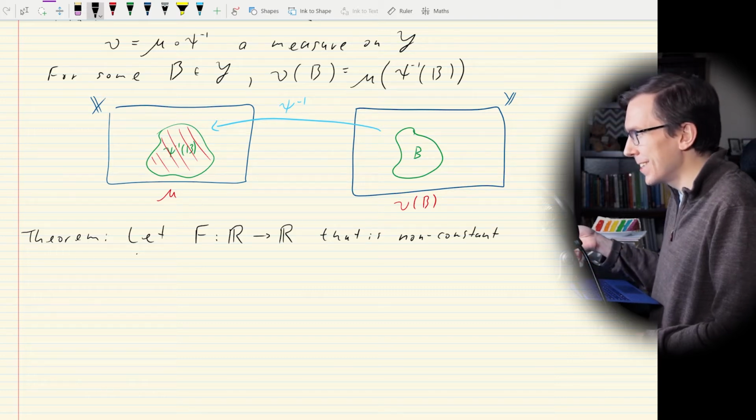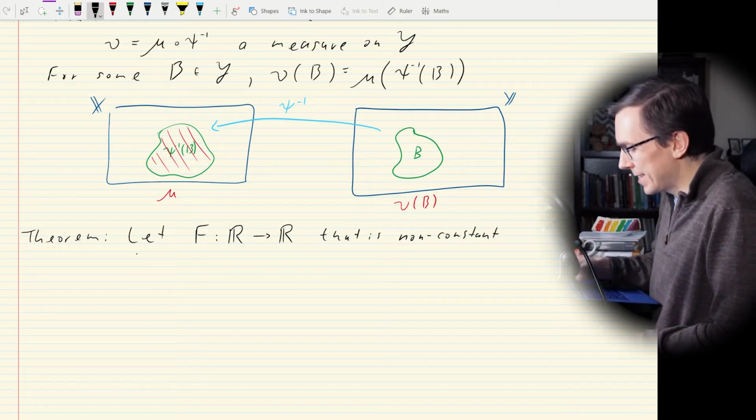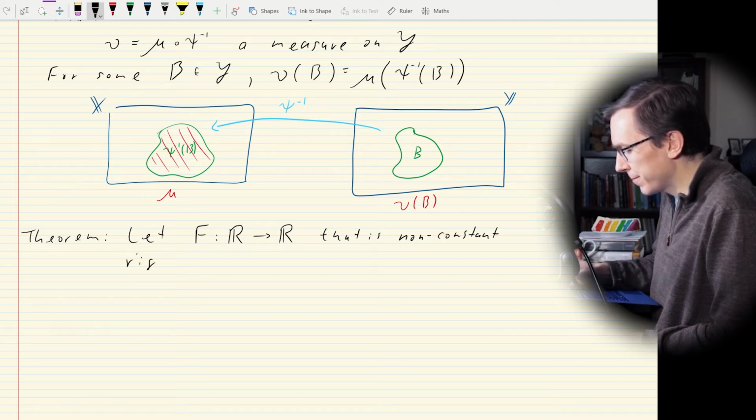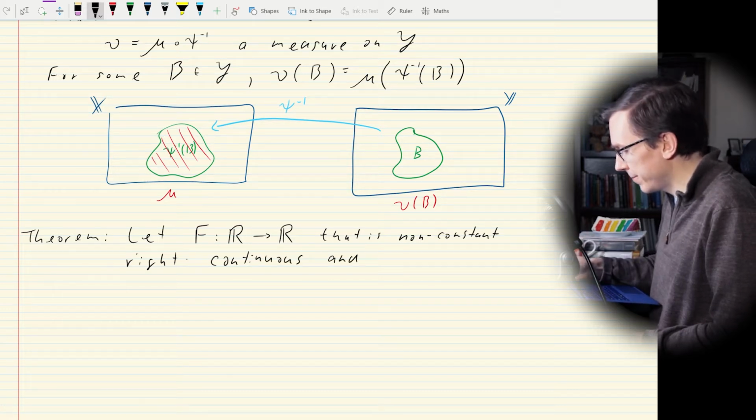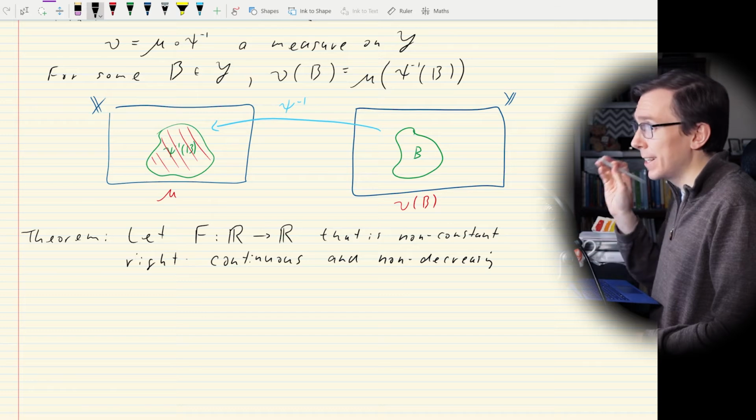Okay, so it's not just 0, because that would be super boring. It's right continuous. And non-decreasing. All good things.